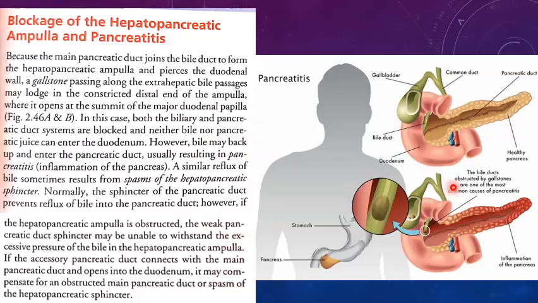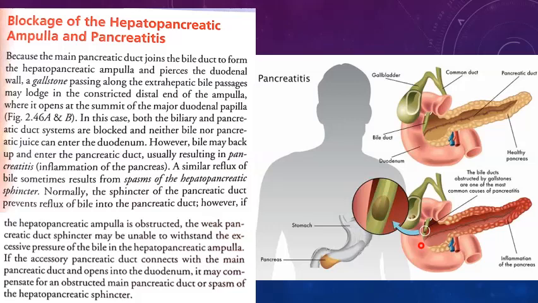Then blockage of the hepatopancreatic ampulla, ampulla of Vater, that is where the bile duct and the main pancreatic duct join to form the ampulla of Vater. So that can be obstructed. Now what could be the reason behind that obstruction?